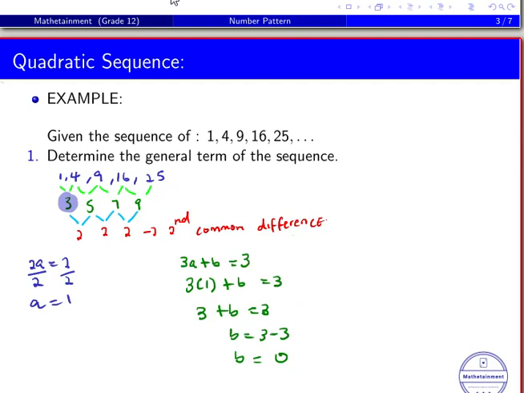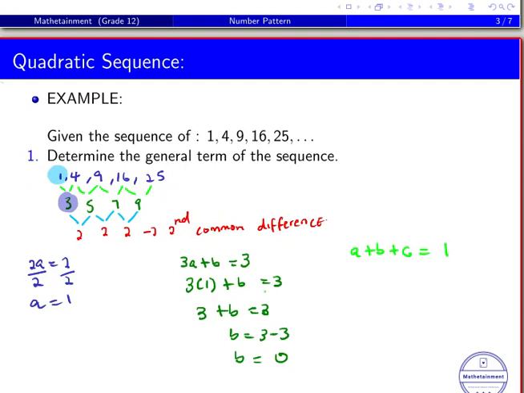Moving to our next step. We also know that our T1, or our first term for a quadratic sequence, is written as a plus b plus c, which is equal to 1, the first term of the quadratic sequence.